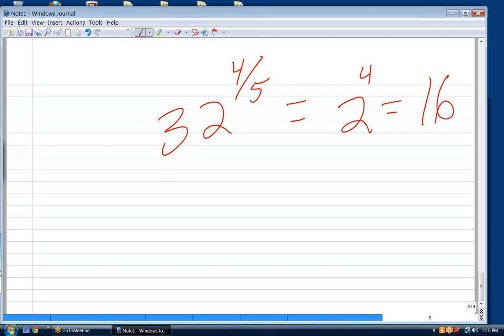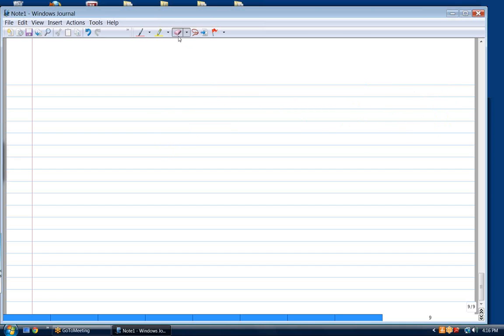Okay, let's see. Alright, let's do some equations involving exponents and radicals. Well, actually, this chapter I'm on is not so much square roots as it is just radicals and fractional exponents.